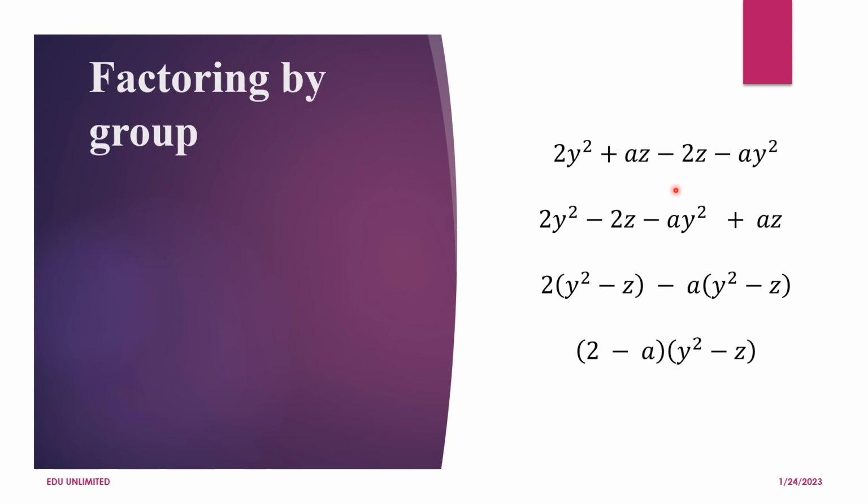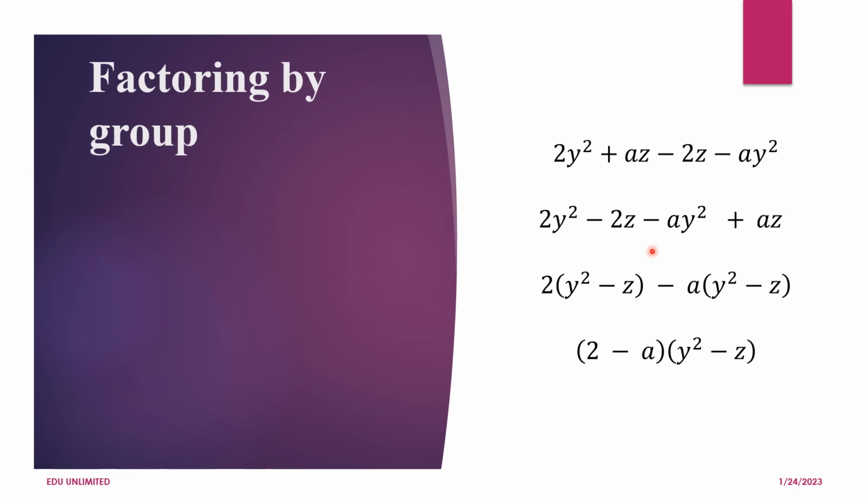The first thing that we will do is to rearrange the expression so that it is easier to factorize. So while we have 2y squared here, we also have a minus 2z here. So we rearrange by grouping these two together. And then minus ay squared must be rearranged and grouped beside plus az.